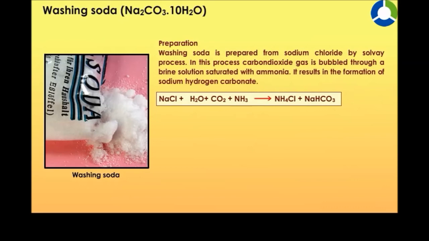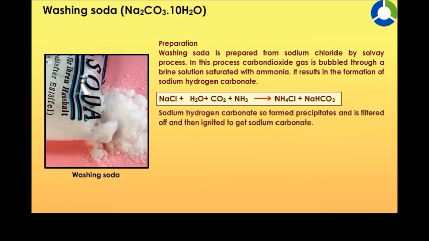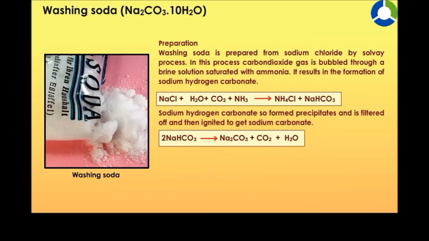NaCl, sodium chloride, reacts with water H2O, carbon dioxide CO2 and ammonia NH3, giving ammonium chloride NH4Cl and sodium hydrogen carbonate NaHCO3. Sodium hydrogen carbonate so formed precipitates and is filtered off and then ignited to get sodium carbonate.